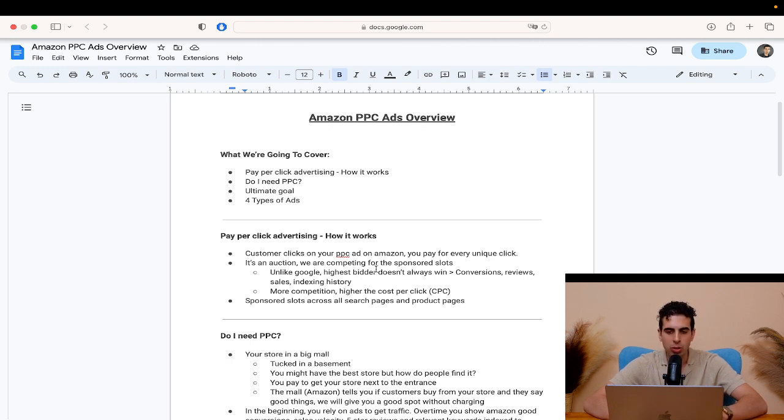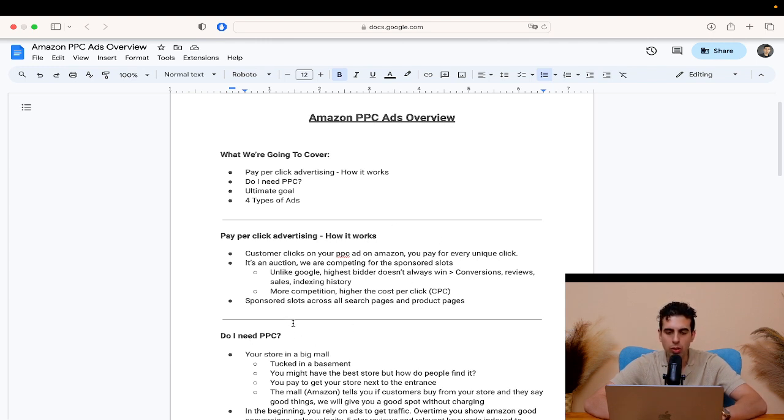They are more customer centric, so instead of giving it to the highest bidder, they take into consideration a few different things like conversion history, maybe your reviews, your sales velocity, what kind of keywords you're indexed for, and all of those factors combined, and then they prioritize who should get that slot.